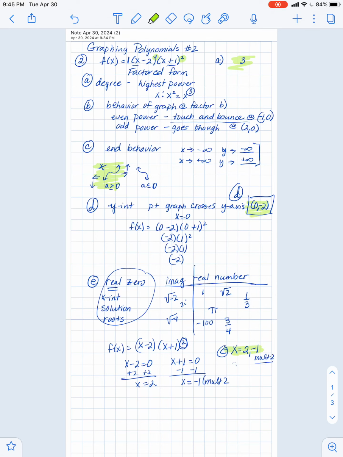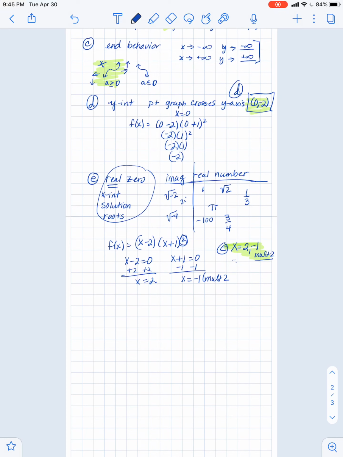And we also know that it's going to hit at 2 and negative 1, that the negative 1 has a multiplicity of 2, which means that it's going to touch and bounce at negative 1, and it's going to go through at 2. So I'm ready to sketch my graph.